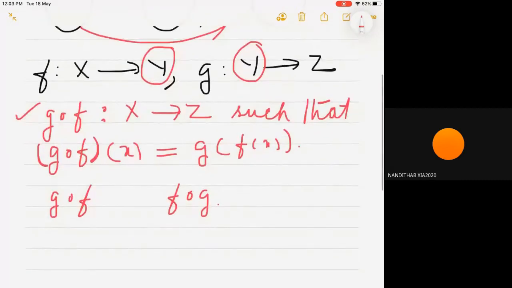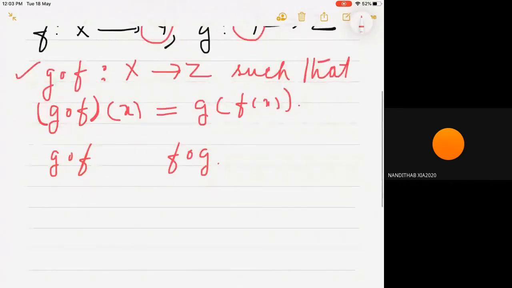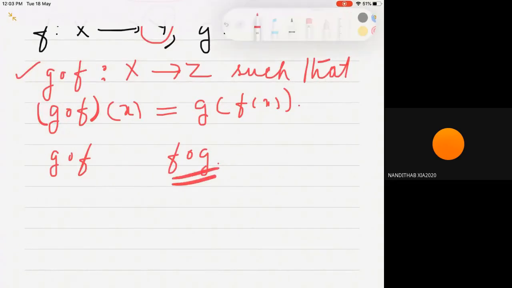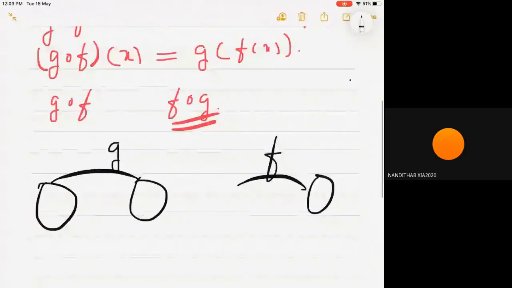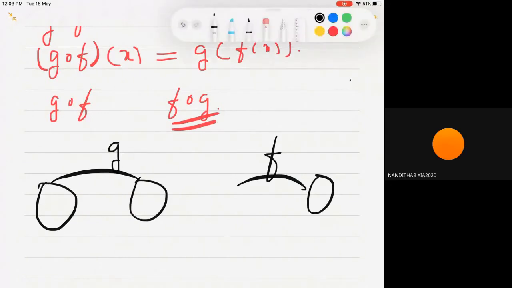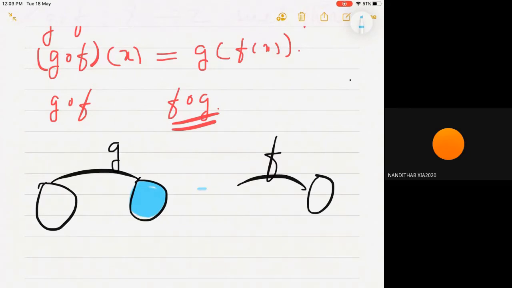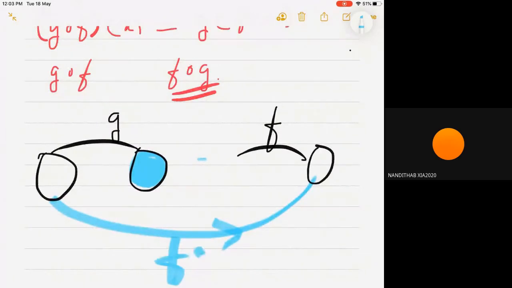First of all, to define F dot G, what is required? Suppose you try to define F dot G, you have to be careful about the domain and codomain. F will be here, G will be here. So to define F dot G, you should have this set common. That is, the codomain of G must be equal to the domain of F. Then only F dot G is defined.